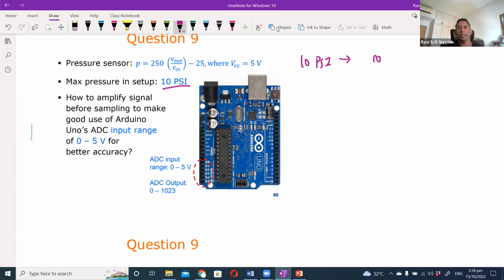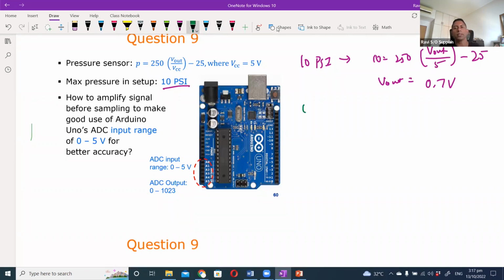We can say that 10 is equal to 250 over 250, V out over VCC, which is 5, multiplied by, subtract 25. So I'll get V out equal to 0.7 volts. That is the highest pressure that I expect to read in my setup.